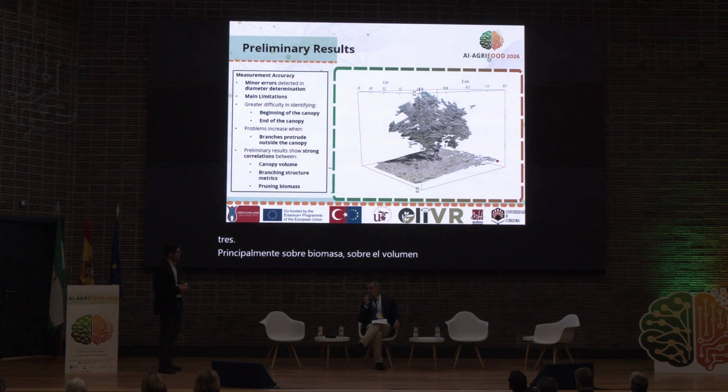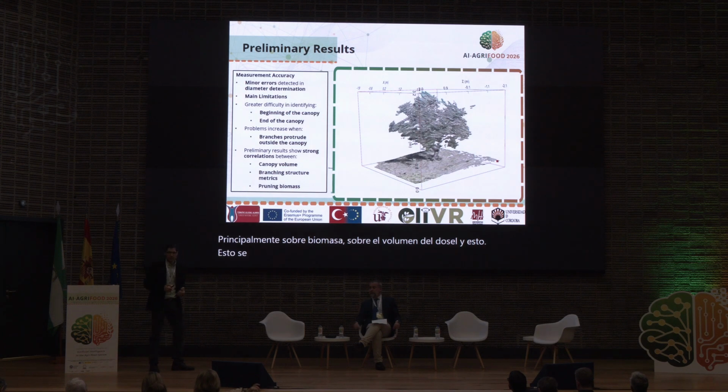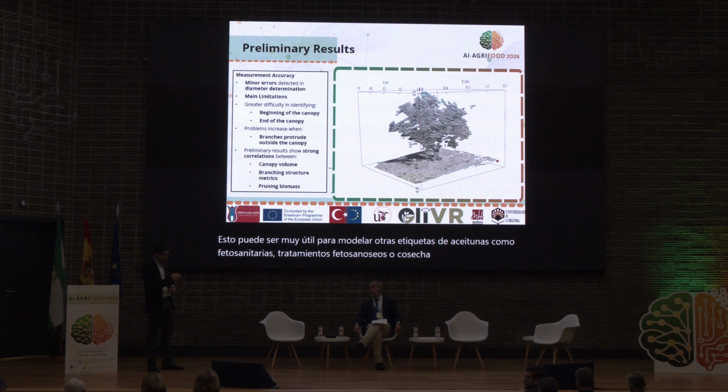These features would be really useful for modeling many other olive labors, such as phytosanitary treatments or olive harvesting and shaking transmission along these branches. Okay, so we can see the video.